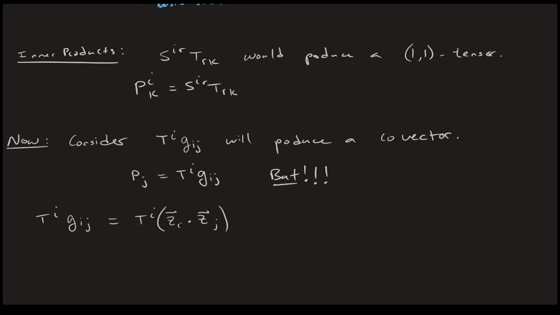We explicitly put in the definition of the metric in terms of the covariant basis, Zi down dotted with Zj down. Now I can say that's actually Ti up Zi down, dotted with Zj down. And now that is the vector field T, dotted with Zj.